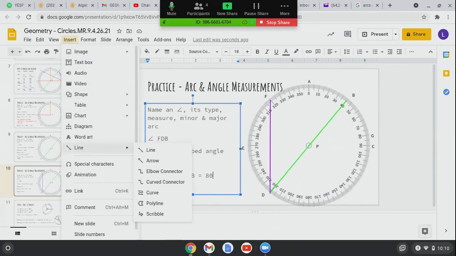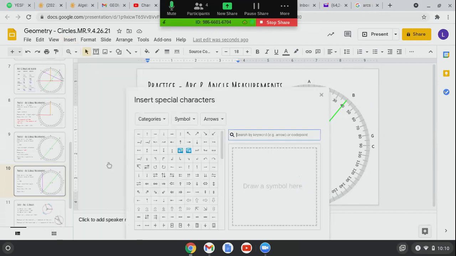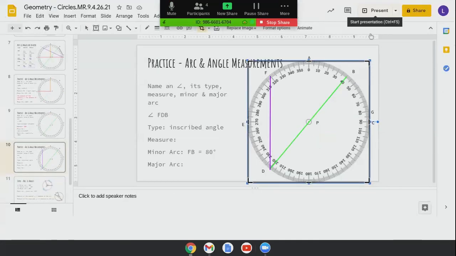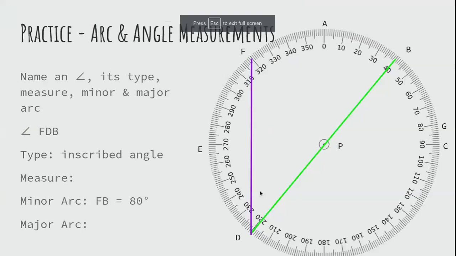Start at F, but this time, since it is a major arc, you have to pick somebody up along the way. So the minor arc between F and B is 80 degrees. Remember, the major arc starts at the same place. You pick somebody up along the way, and then you stop at the same place. So name the major arc.